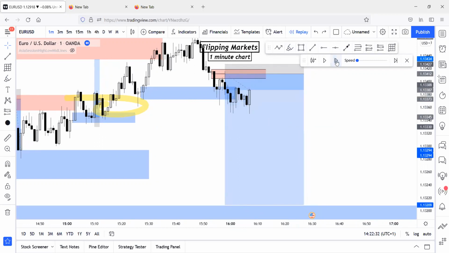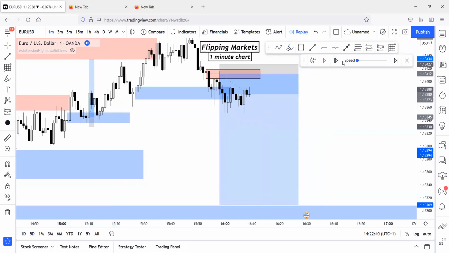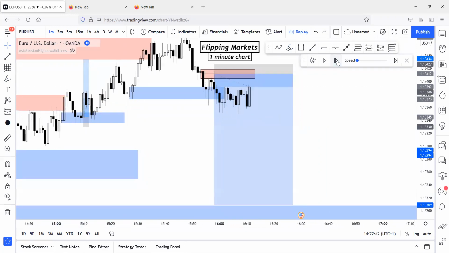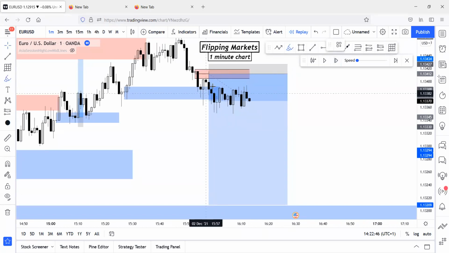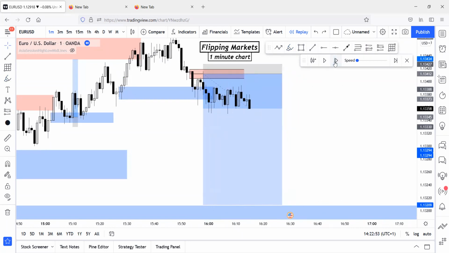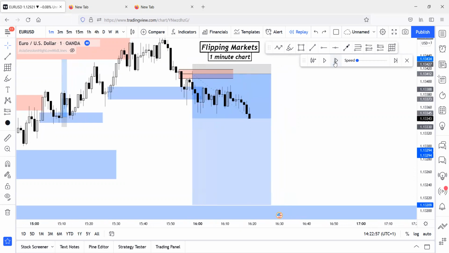Let's see what happens. Price is creating a range again, as you can see, equal tops and equal bottoms. Okay, price just barely fed that liquidity. That isn't a real sweep. Okay, more liquidity, more liquidity, more liquidity.